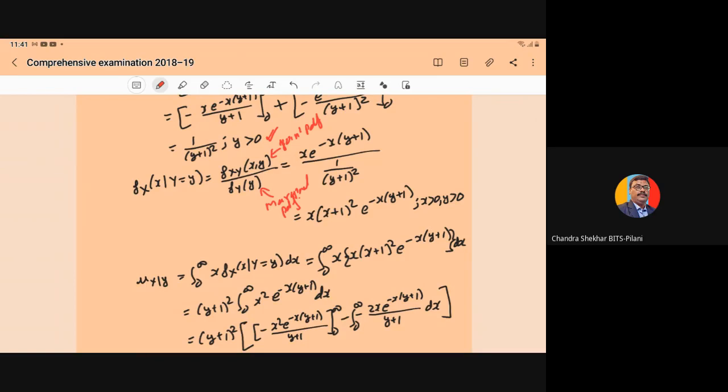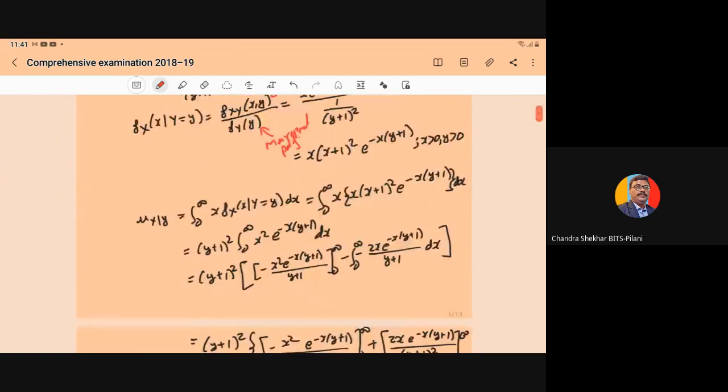This gives x (y+1) whole square e^(-x(y+1)). As I have told you, whenever we write the PDF, whether joint, marginal, simple PDF or CDF, always write the correct range for the variable: x greater than 0, y greater than 0.